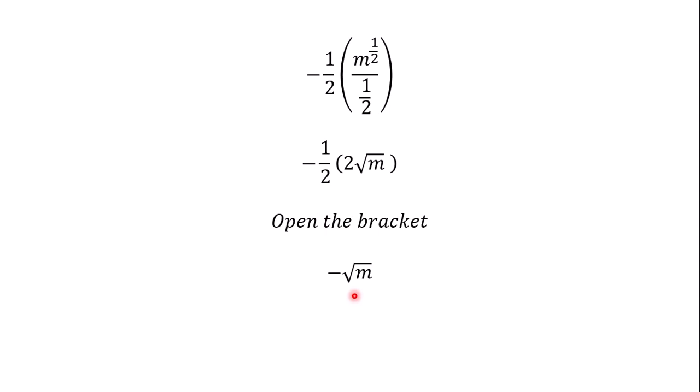Now we are done with the integration. We have to go back to the x world, but we know that m is equal to 1 minus u squared. So m is equal to 1 minus u squared, and we are just going to write this one here.